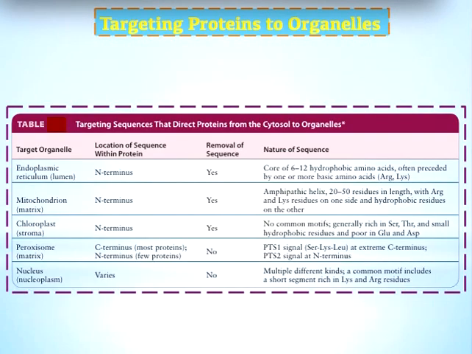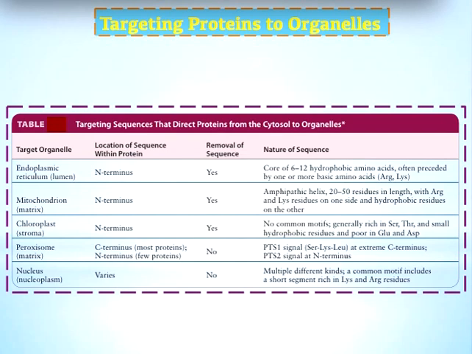Now, as you have come to know, the basic principle of protein sorting is the presence of a signal peptide, which is present either in the C-terminal end or, in most cases, on the N-terminal end of the polypeptide concerned.